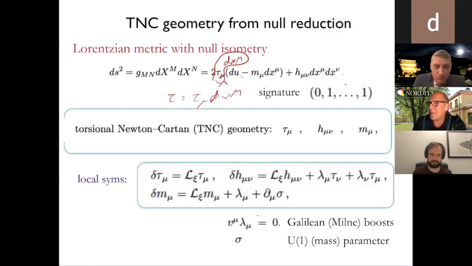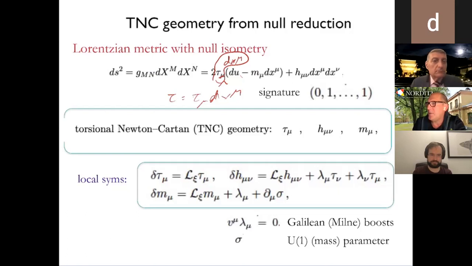So you can show that these geometric variables replace the metric g mu nu in a Newton-Cartan geometry: time-like field line, spatial metric, extra U1 gauge field. They are tensors under diffeomorphisms, but where they transform non-trivially is under Galilean boosts.